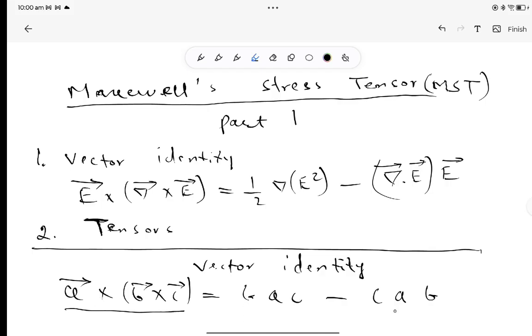The first term B is a vector, and A dot C is a scalar quantity. Scalar into vector is a vector.